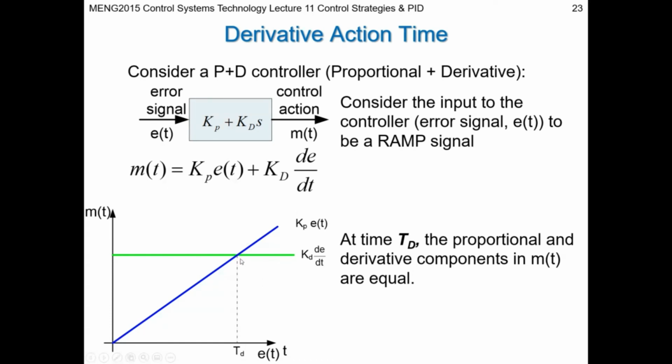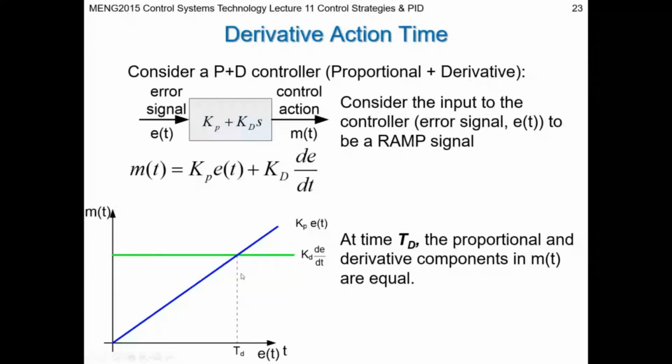Right, so that's a key point, and that Td is directly related to the relationship between Kp and Kd. And in many cases, to define how much derivative action you want in your system, you will be asked, in calibrating a PID, to set this value Td.